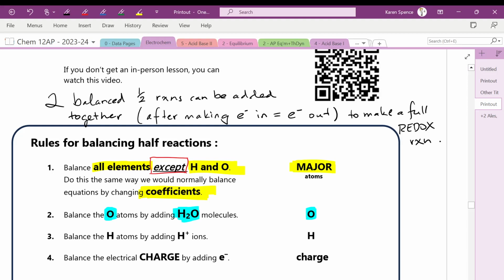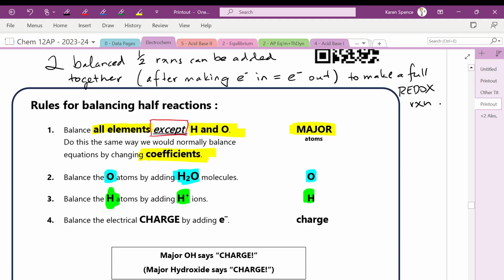Third thing you're going to do, you're going to balance hydrogen, because if it wasn't out of whack already, you've probably put it out of whack by adding water molecules. You're going to balance hydrogen by adding H+ ions. And then finally, if you remember, reactions don't have to be balanced only in atoms, but also in charge.